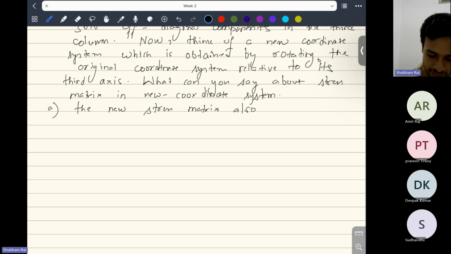Option A: the new stress matrix also has zero off-diagonal entries in the third column.